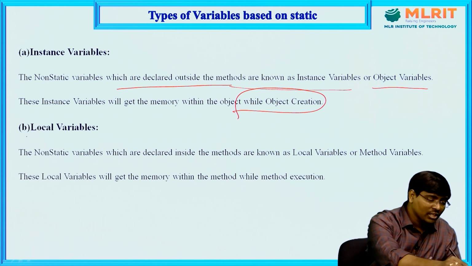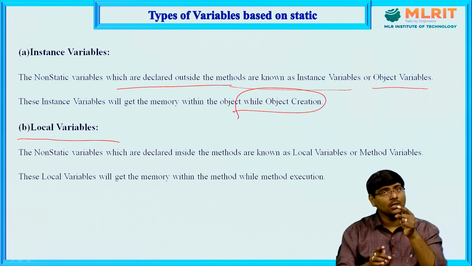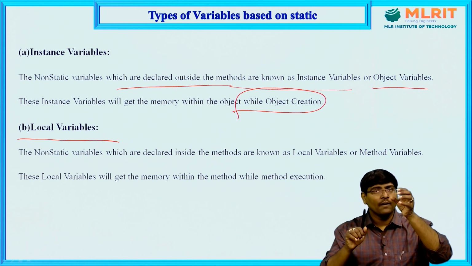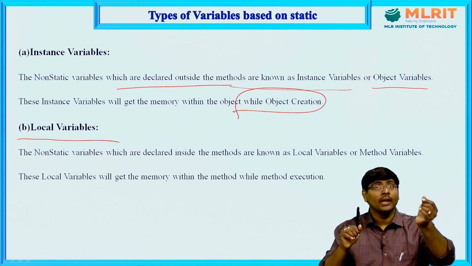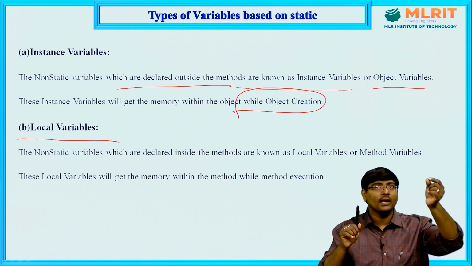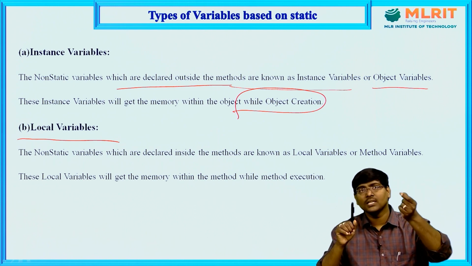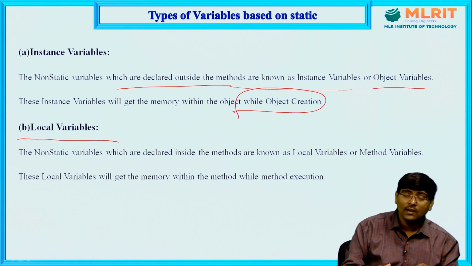Now, next one. What is a local variable? Up to now, observe, either a static variable or an instance variable, the variables are declared outside of the method, and static variables are accessed by using the class name. Instance variables are accessed by using the object name. What about a local variable?